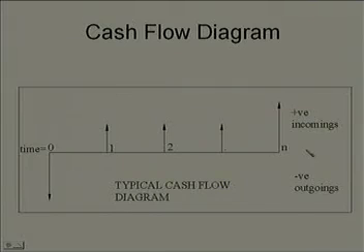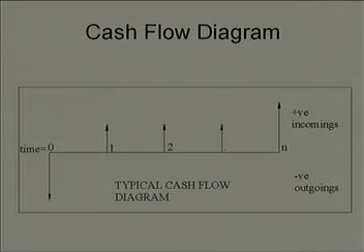Here the periods could be in months, weeks, days, quarters, six-monthly, or even a year. Now, whatever money you are transacting right now, you show it at time t is equal to 0. This represents now.